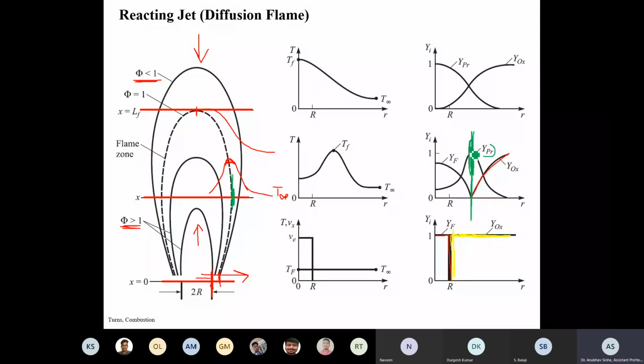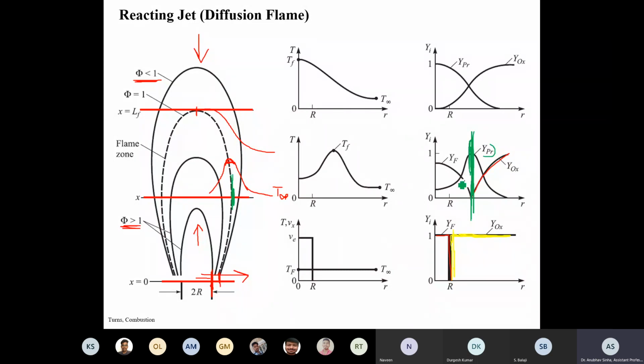Is this clear? Product is getting formed here, but it also gets diffused. There is molecular diffusion. We have a very strong gradient of product, so it will get diffused to both the sides. Product is only getting formed in this very thin line, and that product is going inside or outside.